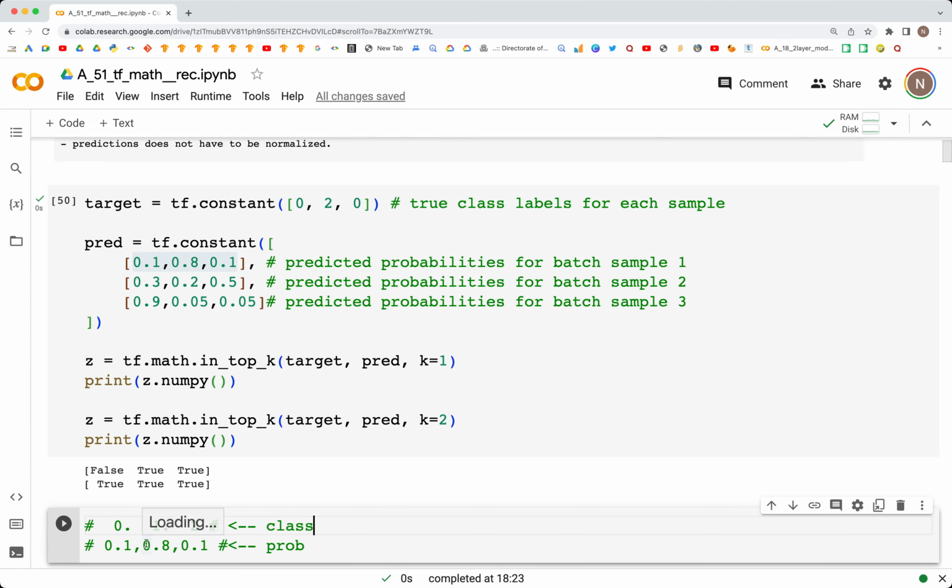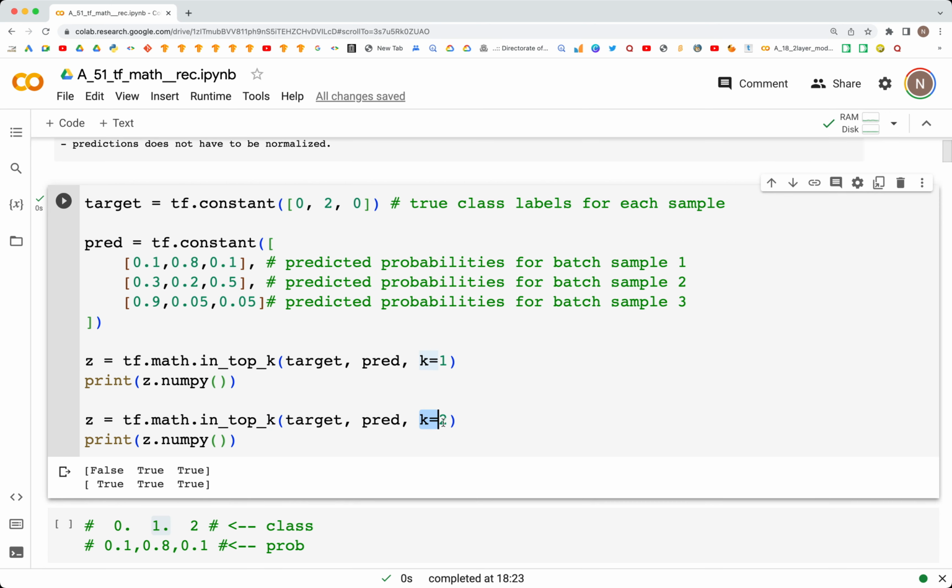What we are saying is that 0.8 again is the highest probability for that sample, which belongs to class 1. Now, because we specified k is equal to 2, what we are saying is that even if the probability is not the highest, even if it is among the top 2 highest probabilities, we are still good.